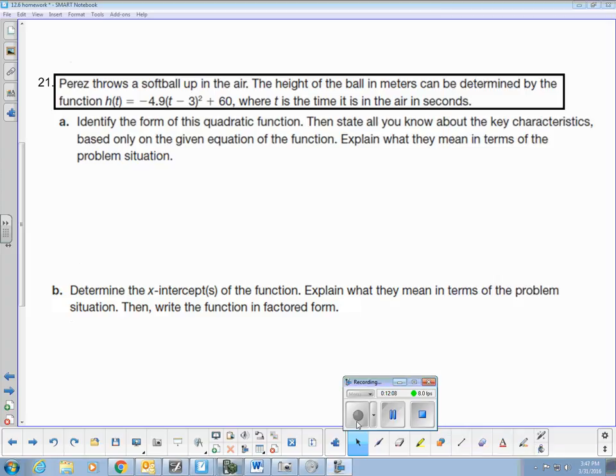So we got an idea of what this problem looks like. But looking at my equation, I can tell some key characteristics, some important features about this problem. For example, I can tell that my vertex is at positive 3, positive 60.